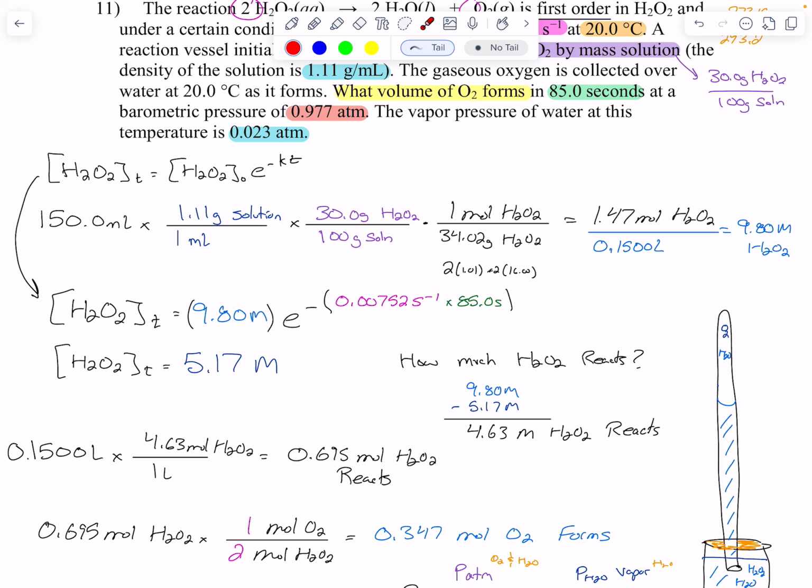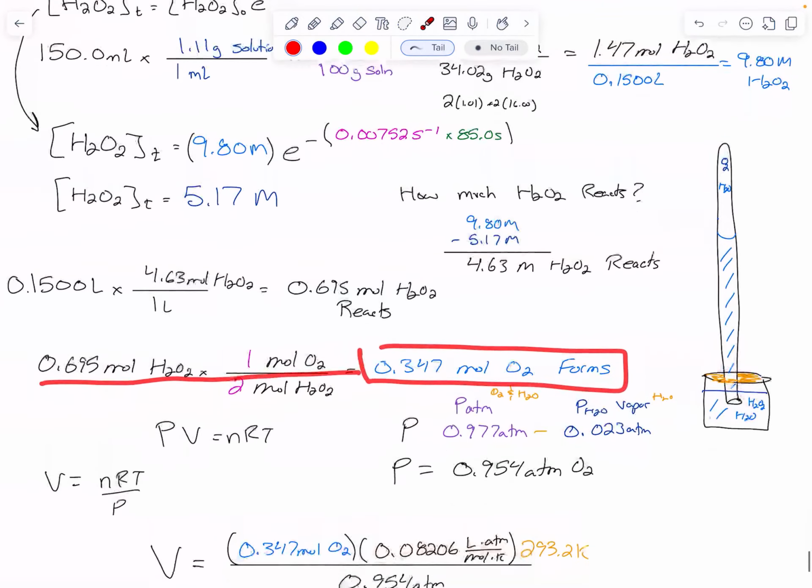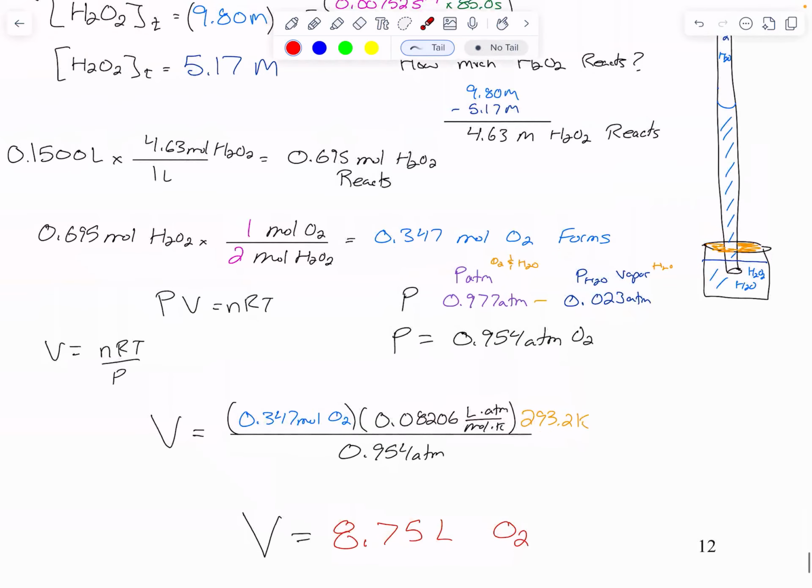Then we took how much we started with minus how much remains to figure out how much reacts. We found the moles of how much reacts. And then we did our stoichiometry to get moles of oxygen that forms. And then because we're collecting the gas over water, we had to subtract water's vapor pressure to get the pressure that we have. And then using the ideal gas law, we calculated the volume as 8.75 liters.